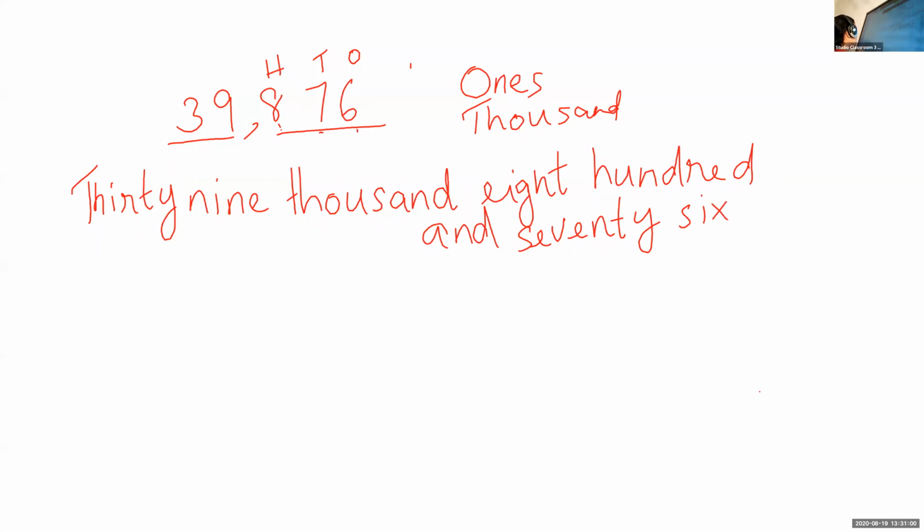So when we divide this into two periods, we know 39 is in thousands period. In thousands period we have thousands and ten thousands. Ones period, what do we have? Ones, tens, hundreds. In thousands period we have ten thousands and thousands. So how to read this number? 39,876.